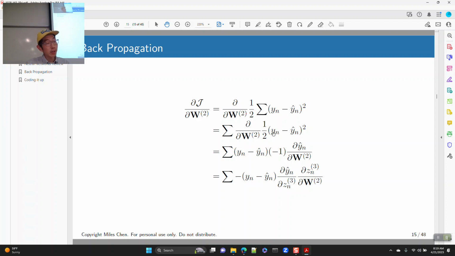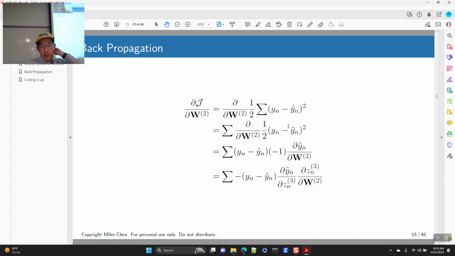Okay, the y values are not. The y values are fixed. That's part of our data, right? So there's no gradient with respect to y sub n, okay? But the predicted values, y hat, those do change, okay? If I changed my slope or intercept, or in this case just the weights in our second weight matrix, our predictions y hat will change.